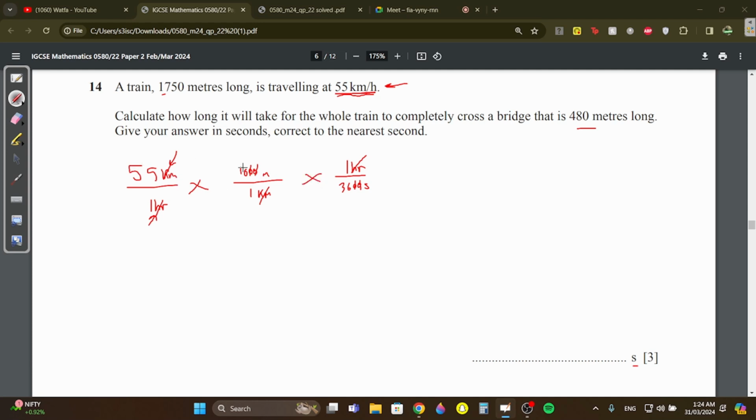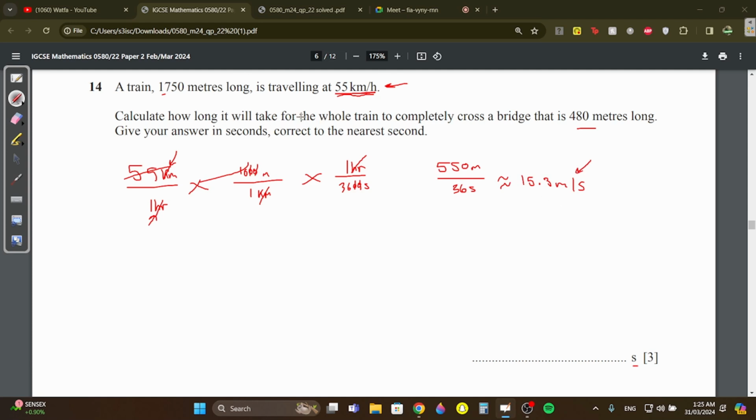So 55 times 10 will be 550 meters over 36 seconds. And if you divide this on a calculator, you get approximately 15.3 meters per second. So this is now your speed.